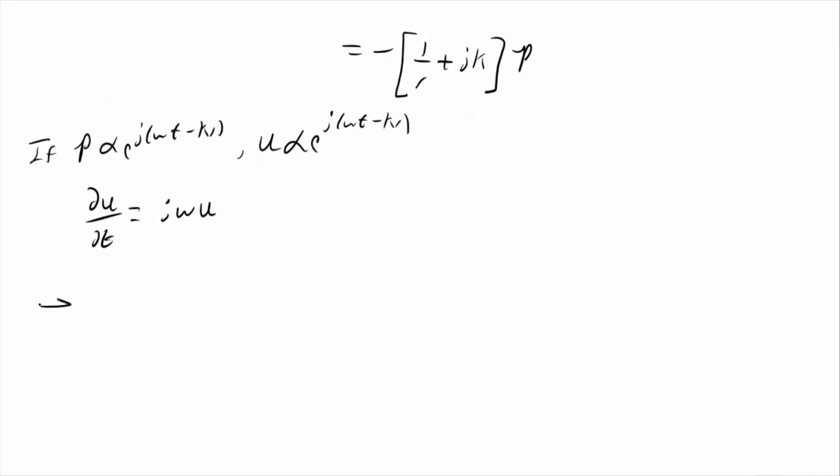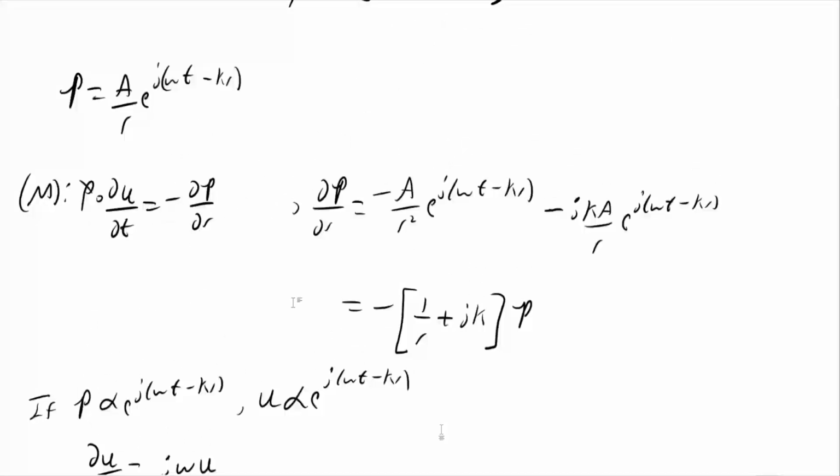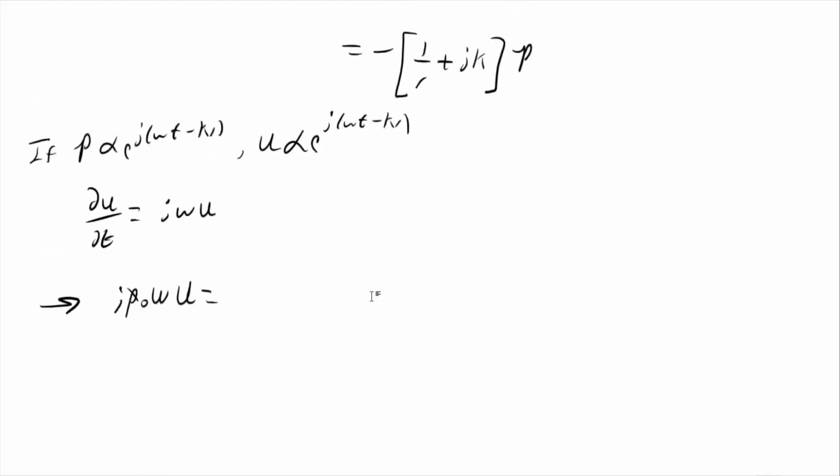Thus, the momentum equation tells us that j rho naught omega u is equal to, the negatives will cancel, the negative from here and the negative from here, 1 over r plus jk times p.